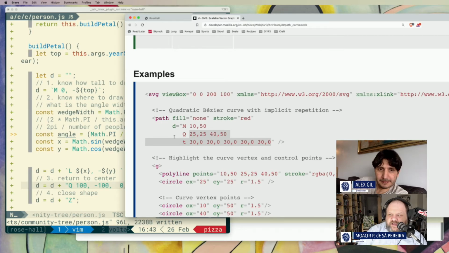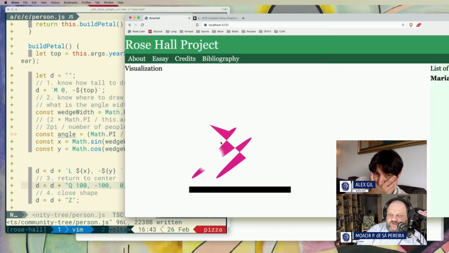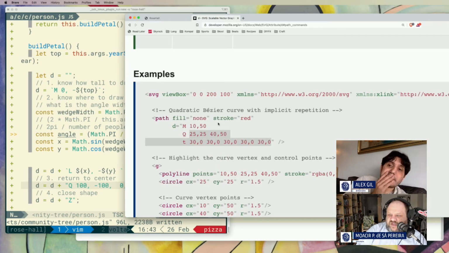So it's easier to do these calculations. The reason R30 30 is this goofiness is because it's drawing along this whole thing, and it's a mess.